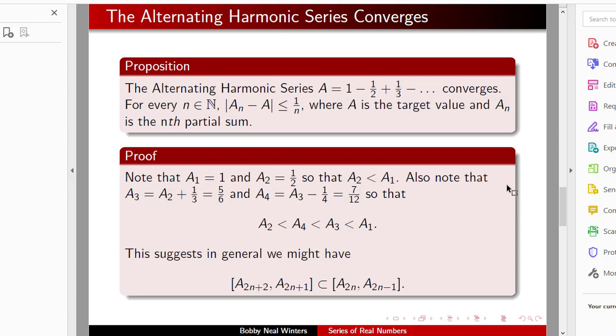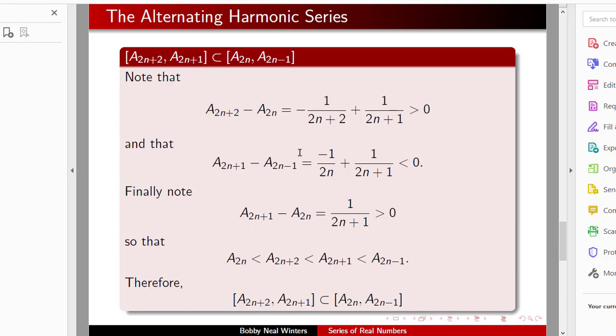But this is suggesting something. A_2 and A_1 form a closed interval, and A_4 and A_3 form a closed interval. So what we have here is the suggestion that we might have a decreasing sequence of nested intervals. Let's check.